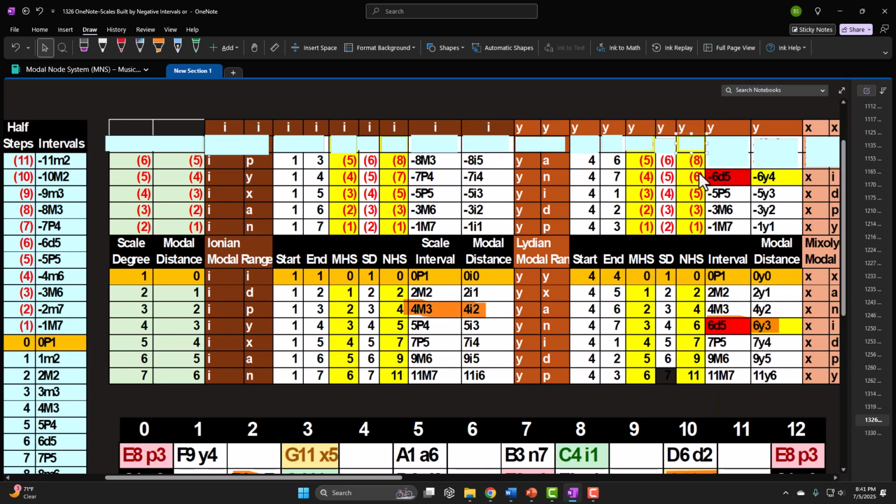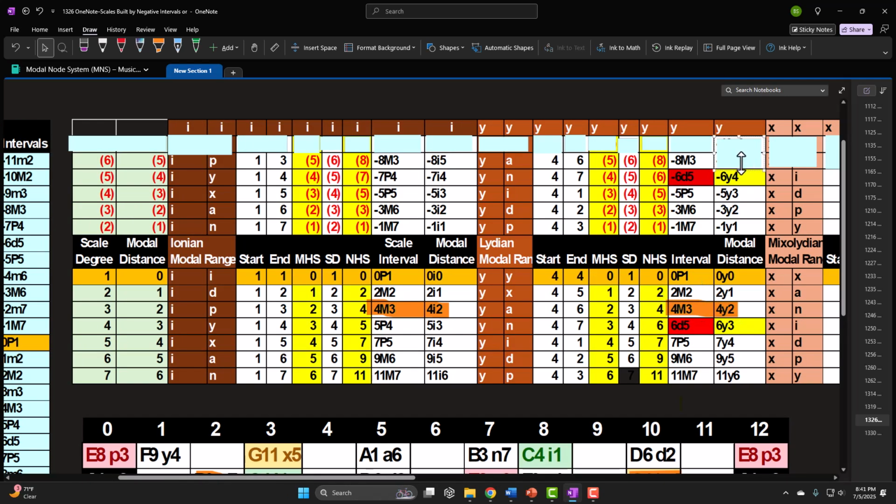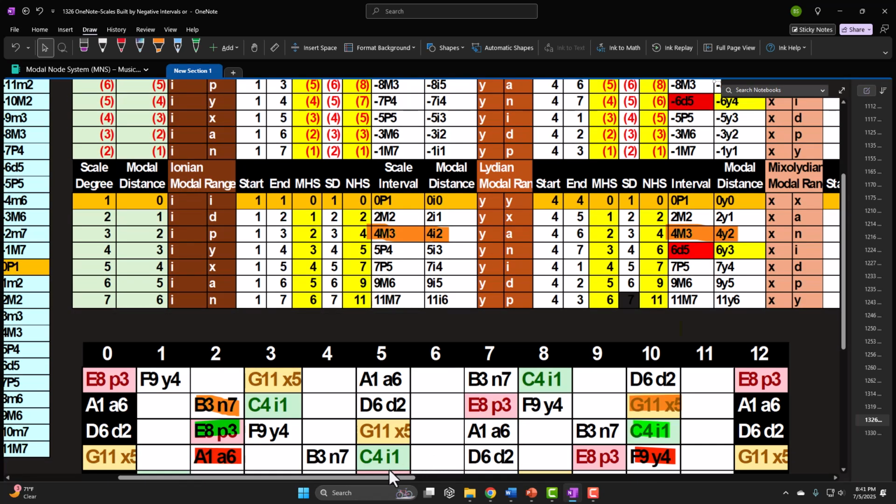It's going to be a distance of -8 in modal half steps, continents and ocean counterclockwise, which will once again give us the -8 major third, because going forward, it would be a 4 note away major third. So I would rather call it, however, a -8 note away from the Lydian node, -5th modal half step, because going forward or clockwise, it would be a 4 note away from the Lydian node, -2nd modal half step.